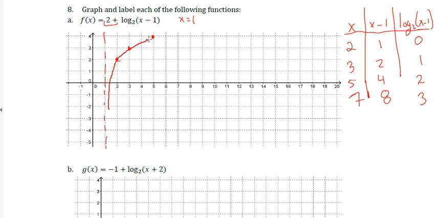And then we can just sketch it like that. All right, got one more.